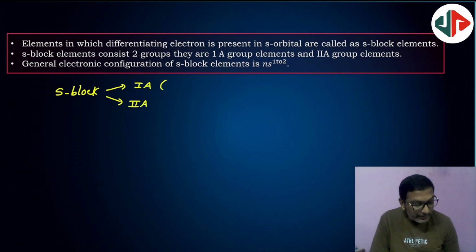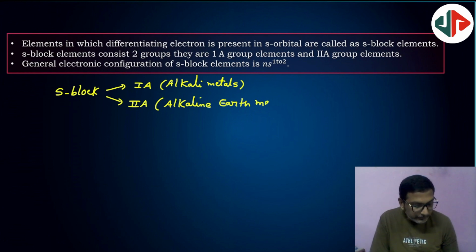The 1A group is alkali metals, and the 2A group is alkaline earth metals. S-block contains two groups, first A and second A, or in the IUPAC system, first and second groups.